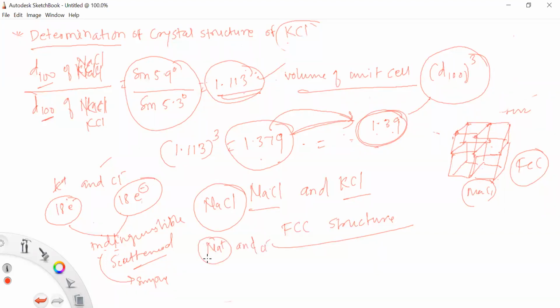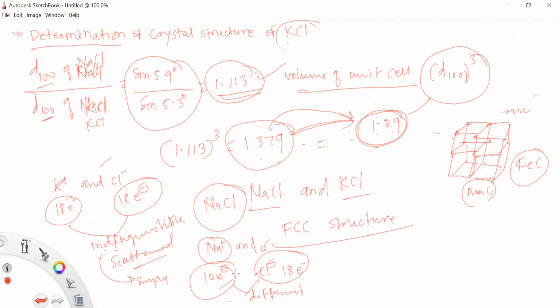So the Na positive ion has a 10 electron system and Cl minus has an 18 electron system. So the scattering pattern of this and of this is different. या दोघांचे scattering patterns different आहे. So the scattering patterns of these two ions are different and they can be distinguished.